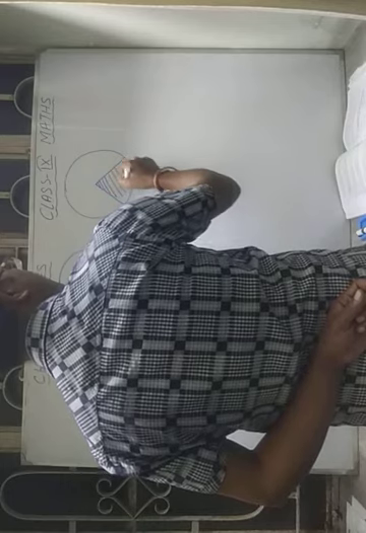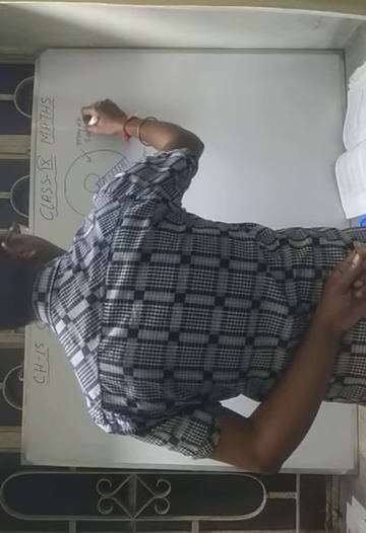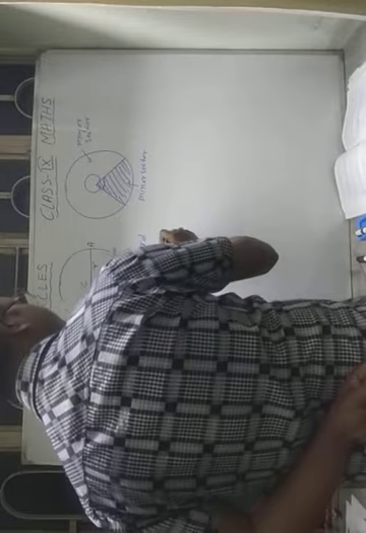If you take two radii, the region formed by the two radii is called the minor sector, and this portion is called the major sector.